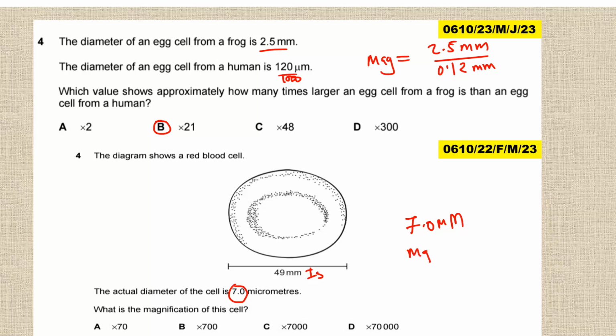So magnification is equal to, what is the image size? 49 millimeter, then divided by 7 micrometer, we need to divide by 1,000. The only thing I've seen here is the conversion. Don't forget to convert into millimeter when you're finding magnification. So this is giving me 0.007.